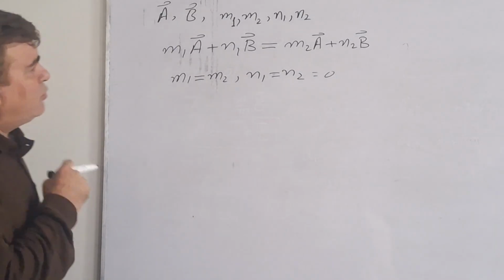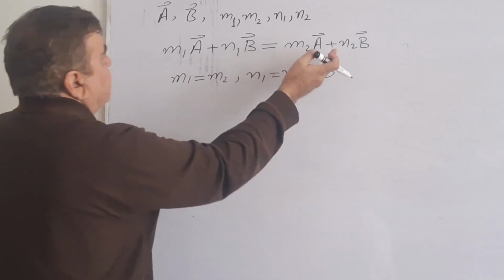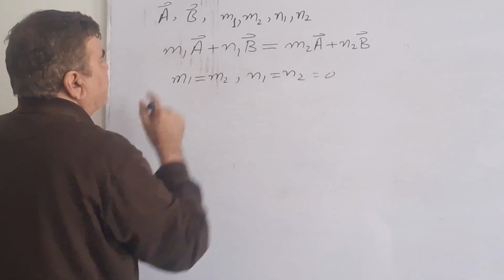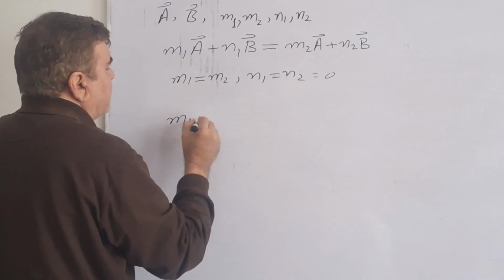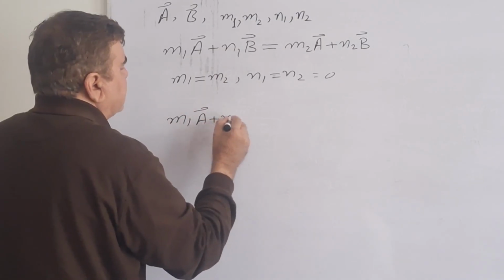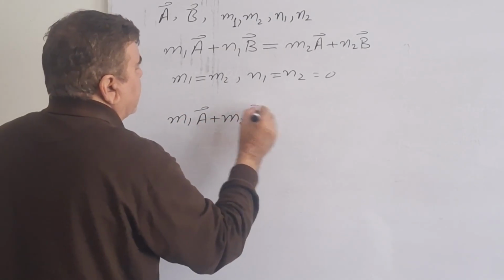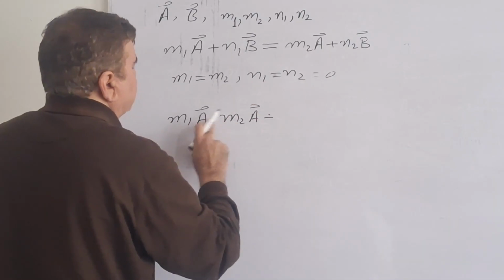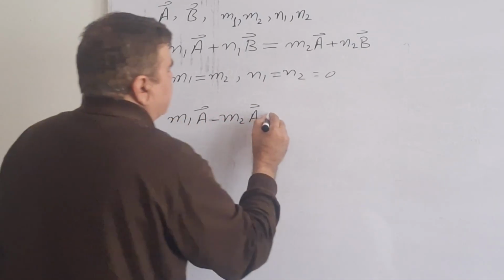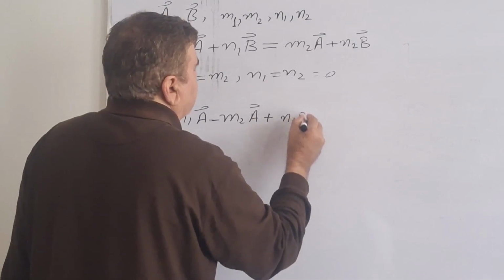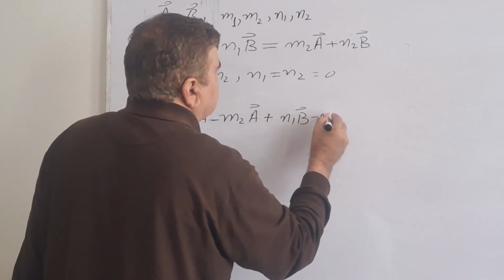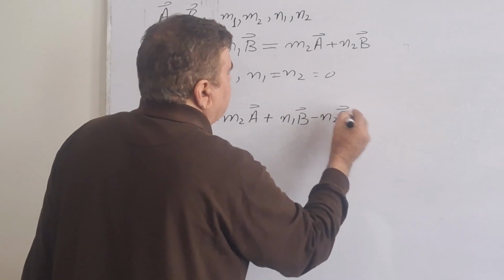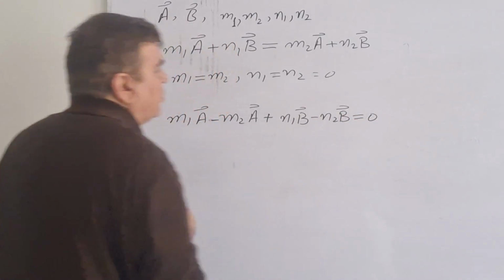Okay, how can we do this? I can arrange this equation by taking the right side to the left side and write it as m1a minus m2a, plus n1b minus n2b equals 0.